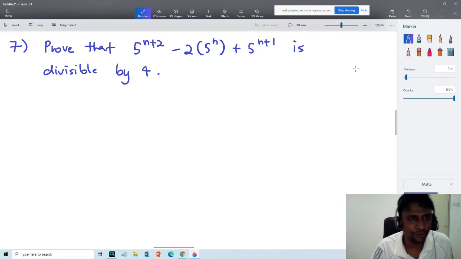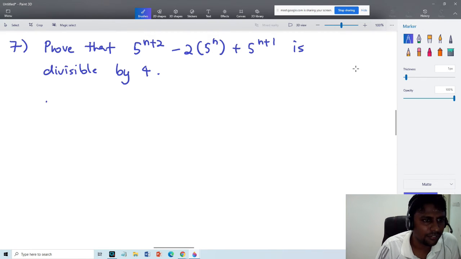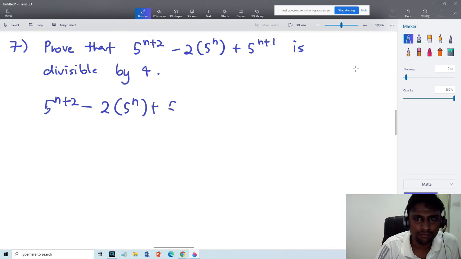Okay, how are you going to do it? First step, copy the question: 5^(n+2) minus 2 times 5^n plus 5^(n+1). So now I'm going to break them.